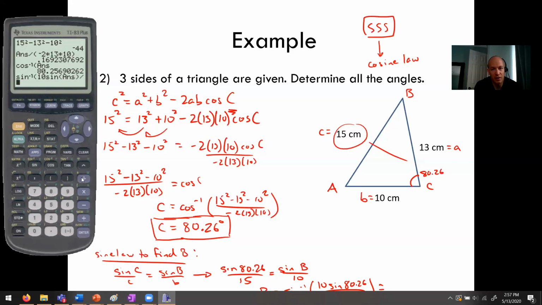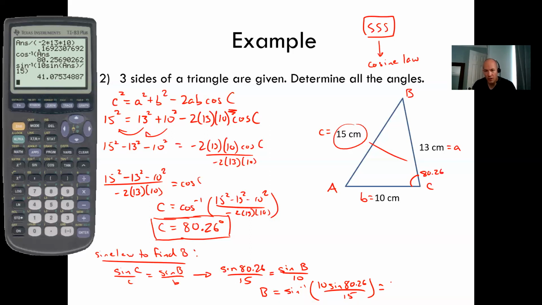Close that up, and I'll divide it by 15. Close the brackets, and I get myself 41.07. So 41.08, I guess rounded up. Does that look like that's approximately correct? And I feel pretty good about that answer.